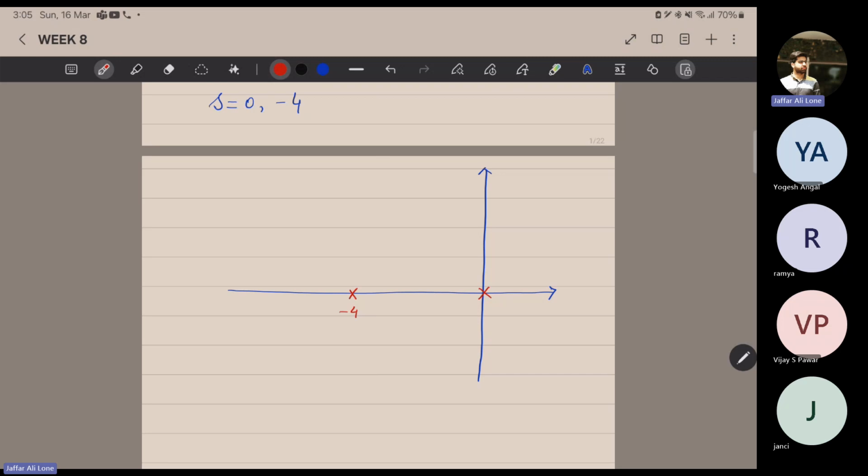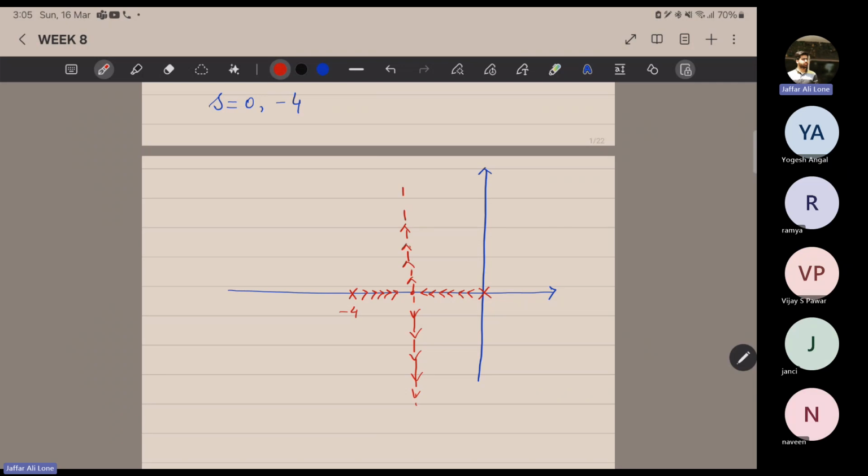Then, how should we proceed? The root locus will be something like this. There will be a breakaway point somewhere here, and the root locus will go somewhere like this. Is it clear?